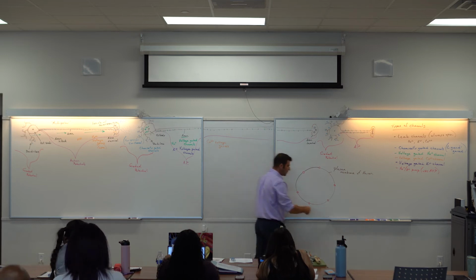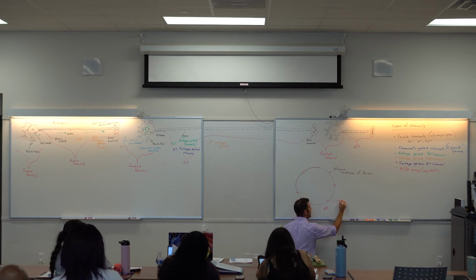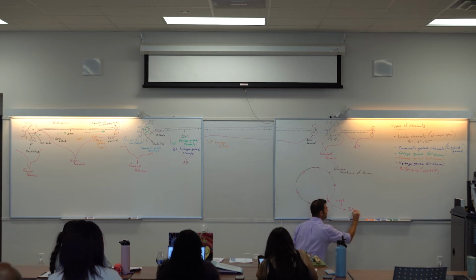What they do is they're going to use ATP. Maybe I'll just show an ATP molecule going up to this pump and then being broken down into an ADP plus an extra phosphate ion. And as this pump is breaking down ATP, it's going to throw to the outside of this cell 3 sodium ions.